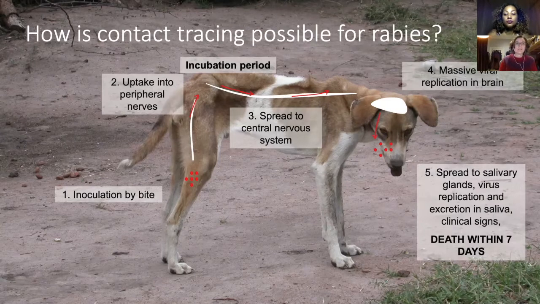Because these signs of rabies, biting by a rabid dog, rapid death, are really recognizable, people know if their dog has developed rabies and died or disappeared, and they will recall being bitten by a rabid dog.